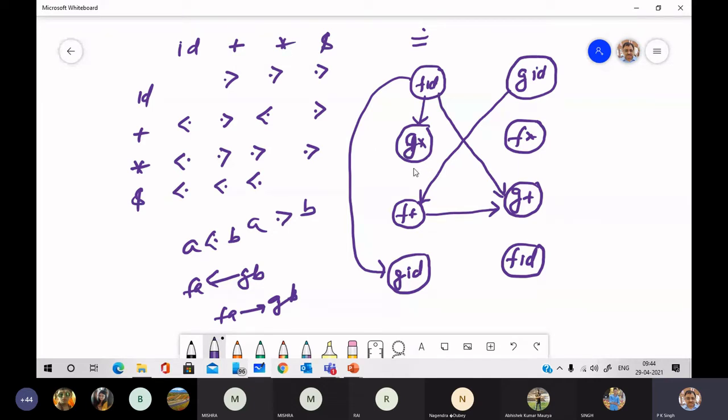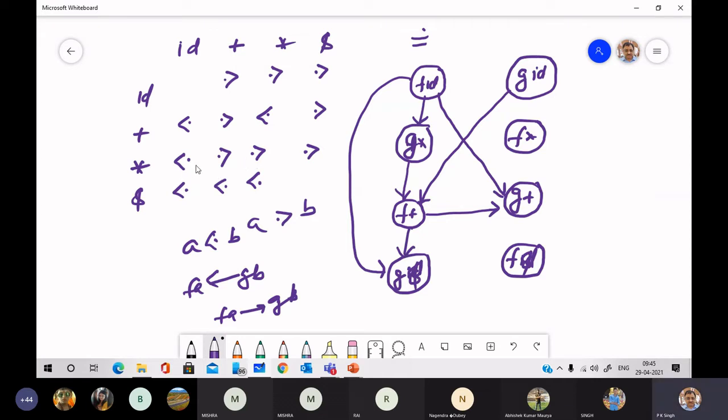F plus to G dollar. This is not ID, dollar. Okay, ID is here. F plus to G dollar is this.